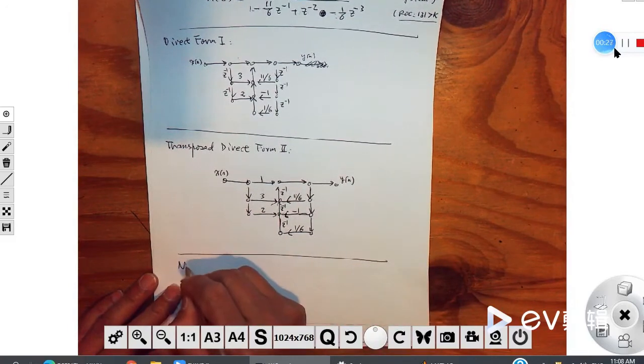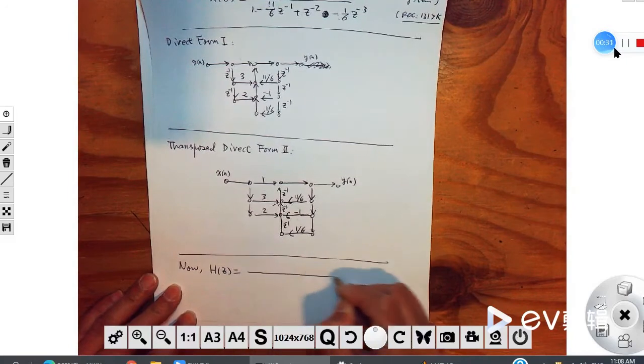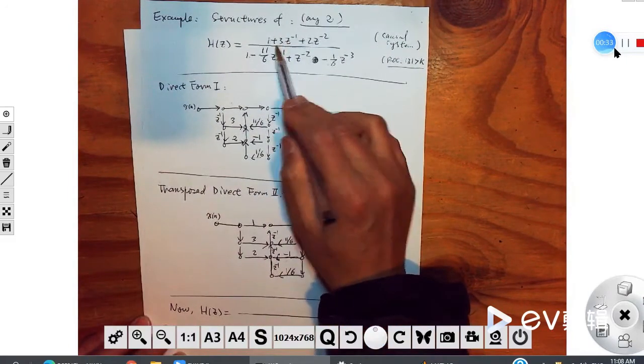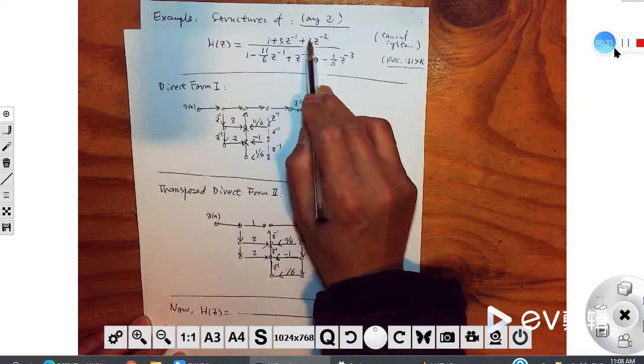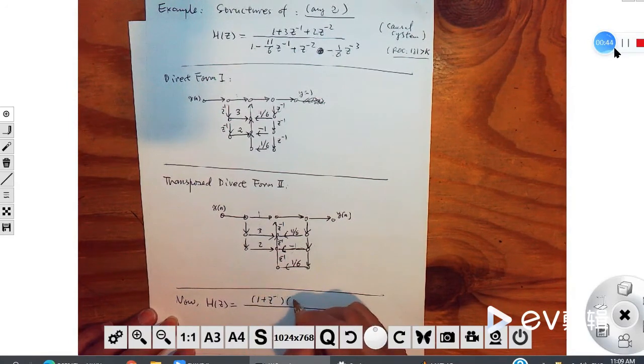Now H of z equals, I separate them as factors. The numerator will be easy to separate as factors. There will be 1 plus z to the negative 1 times 1 plus 2 z to the negative 1. Right? Just like this.